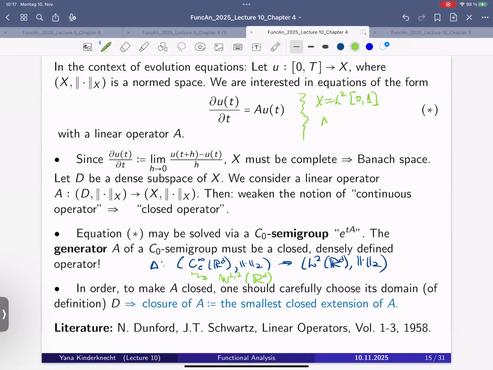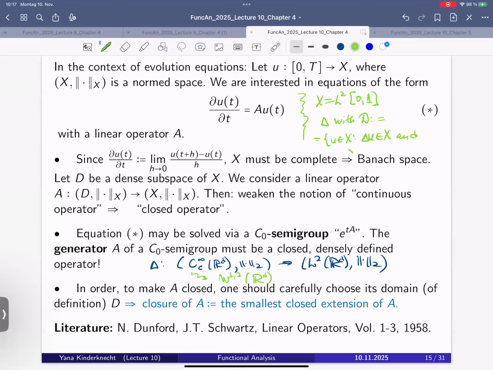I also have not specified the domain, but we may take a domain like all u in X such that the Laplacian of u also belongs to X, and some boundary conditions are satisfied.